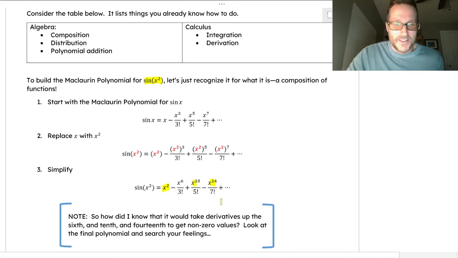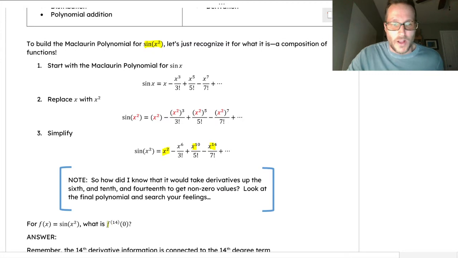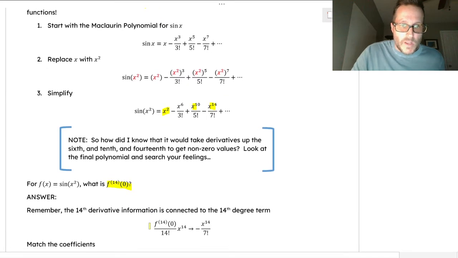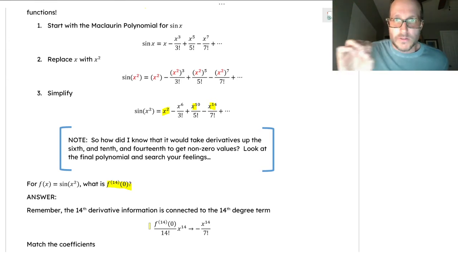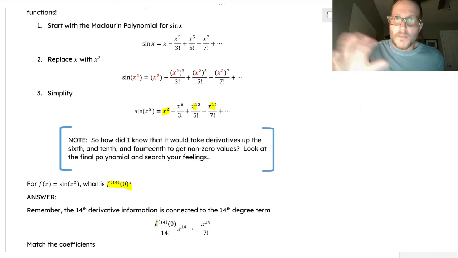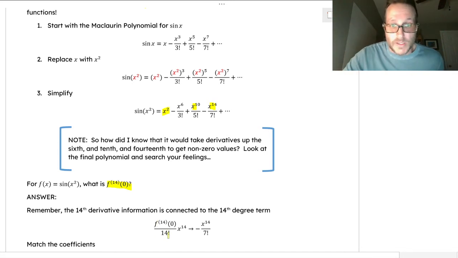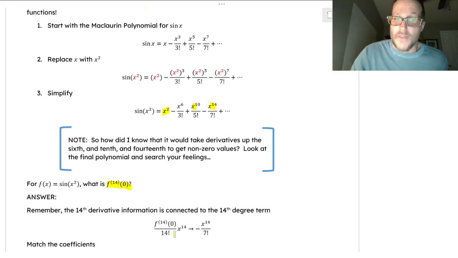Okay, so here we can actually find the value of the 14th derivative. Just a little rewind here. Based on the x to the 14th term, we know by the general formula that the 14th derivative is hiding in front of x to the 14th. By the general term, it would be the 14th derivative at 0 divided by 14 factorial. It just so happens that coefficient is -1 over 7 factorial.